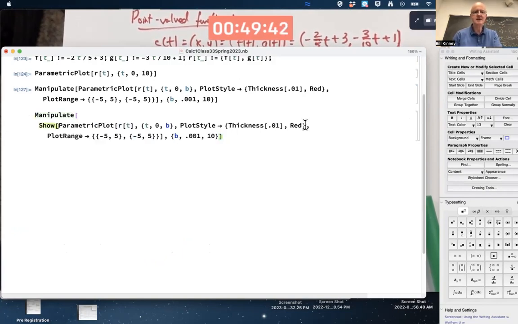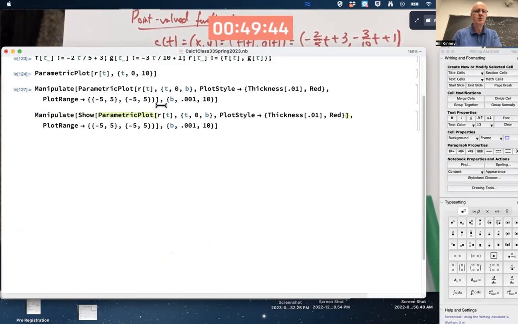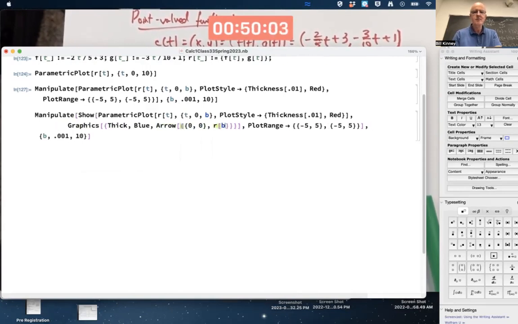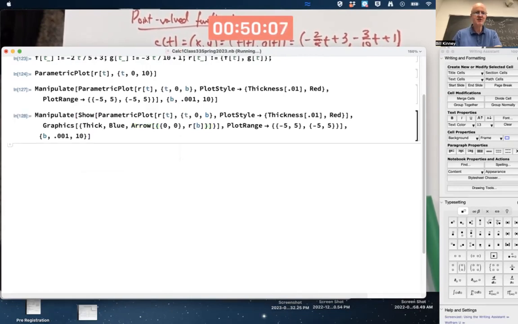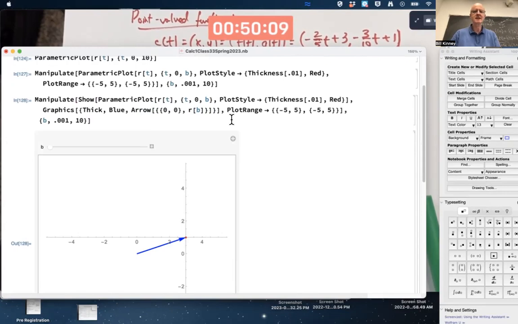You don't need to know the details of this code, how this works. I'm using a graphics command called arrow that's going to draw in a position vector of the object as it moves. And I guess I need to keep the origin in the right spot.